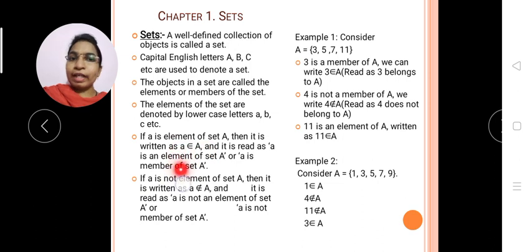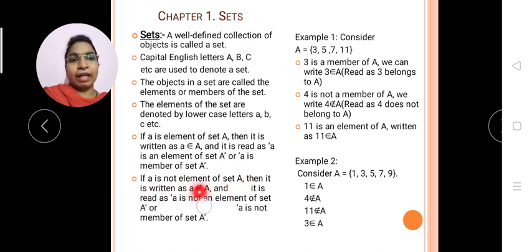If it is not an element, it means it is not in the set. Now, an example with vowels. In the vowel set, a, e, i, o, u, all these 5 letters are elements. If I say z, does z belong to the vowel set? No, because z is not a vowel. Now listen. If a is not an element of set A, how do we write it?